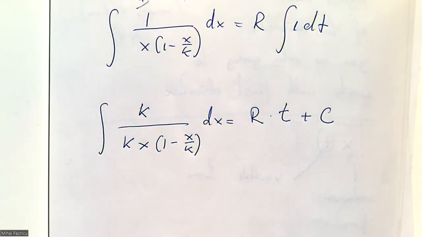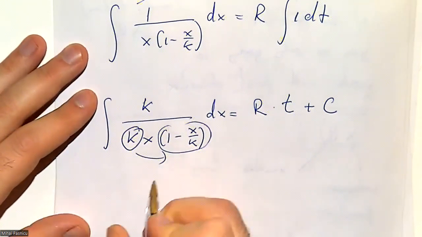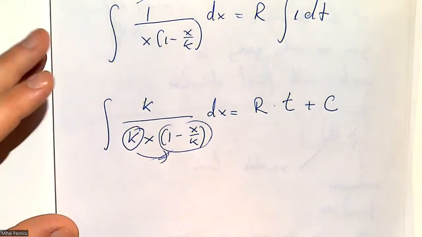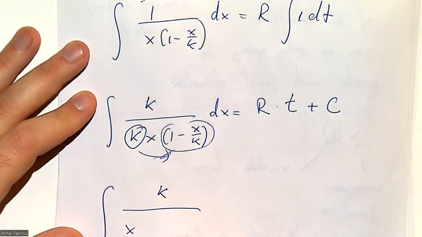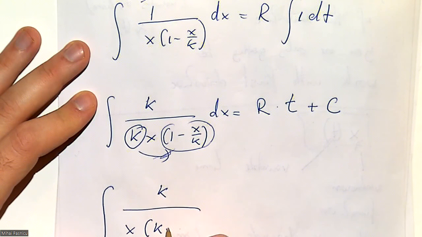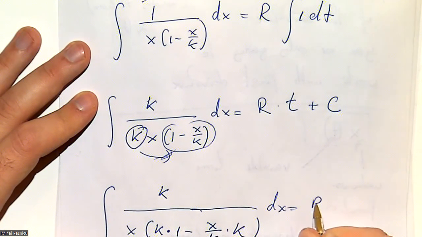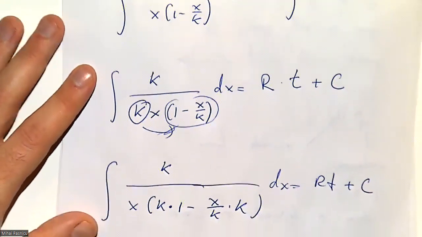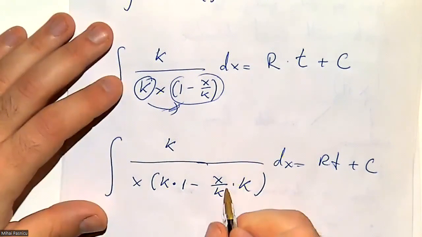Okay? So now I need to solve the left hand side. I have an idea. What if I multiply these together? I just get the integral of k over x, and k times (1 minus x over k), times k, dx, still equal to rt plus the constant. What's the nice thing about it?